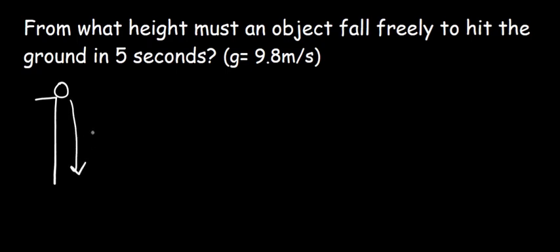Anytime something falls freely, we assume that it has been at rest before it starts falling. So something that is at rest means that initial velocity is what? 0.